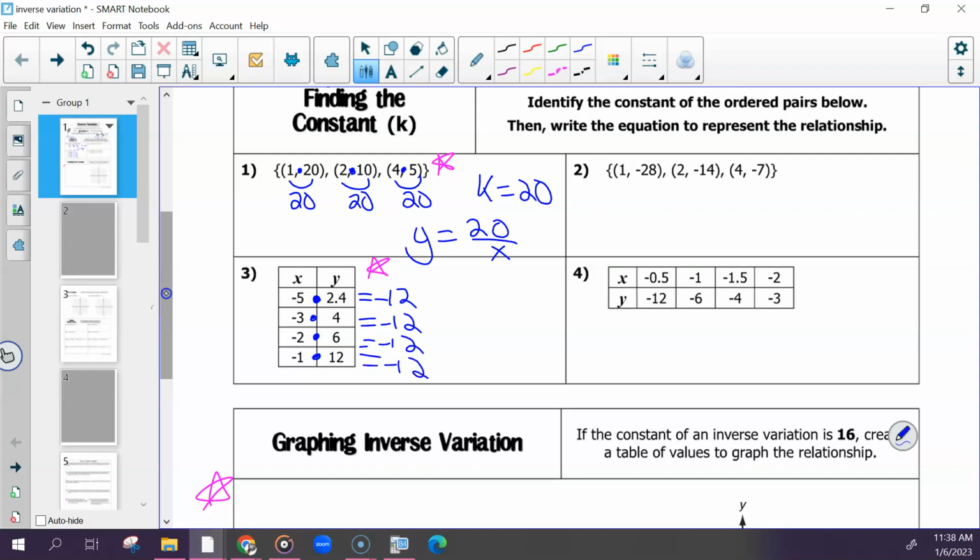And as we're multiplying all of them together, we get the same number, negative 12. So that would be our k value. So our equation would be y equals negative 12 over x. Do we have questions on either of those?